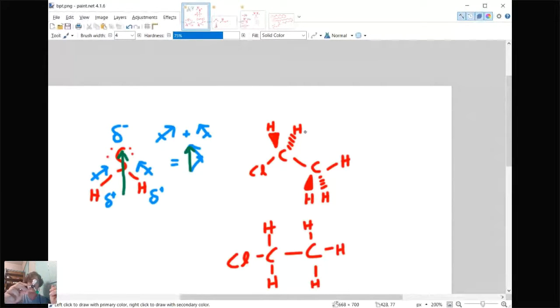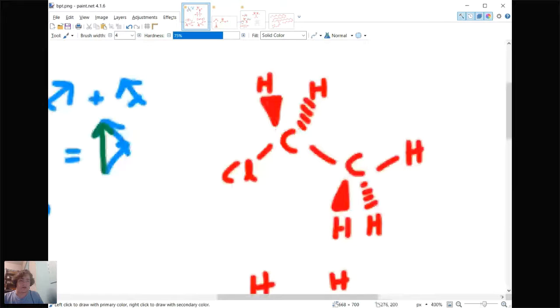Do you guys see that it doesn't look like the bottom one? It looks like the top one, where you have one hydrogen coming out of the page and one hydrogen going into the page. Does that make sense? So it's more like that. That's essentially what this molecular representation is, and it also allows you to look at the geometry of the molecule better.